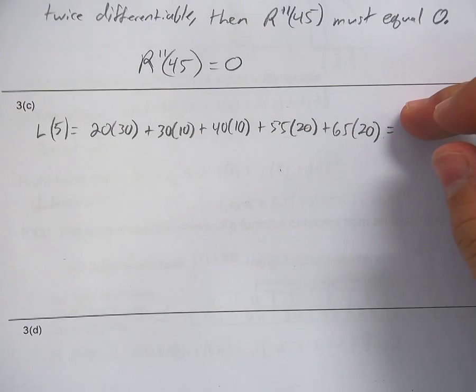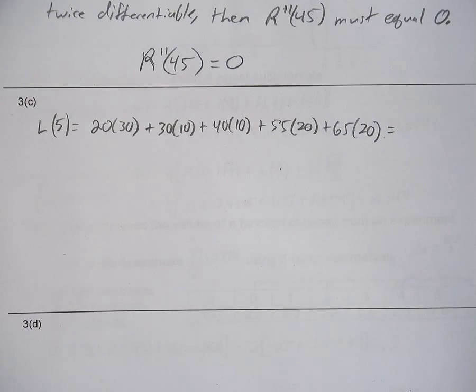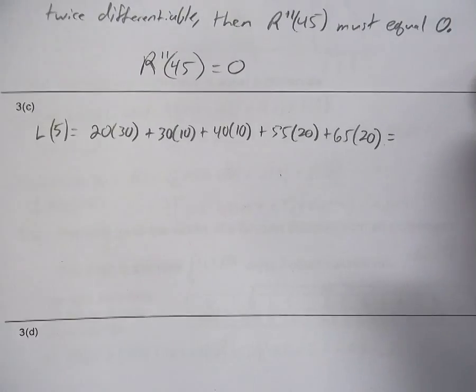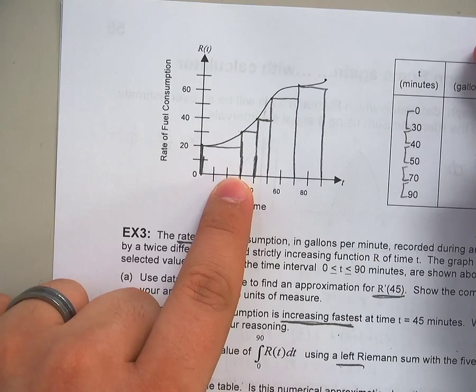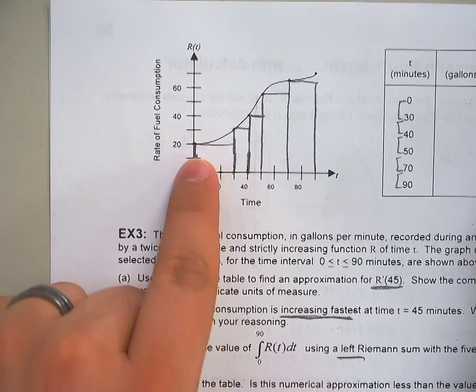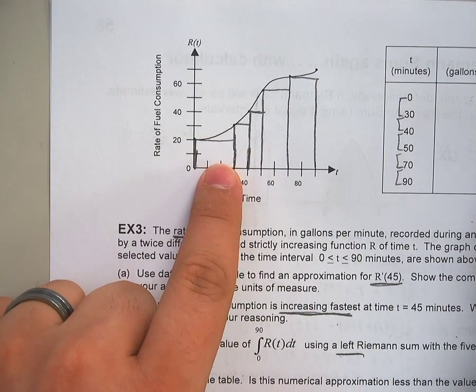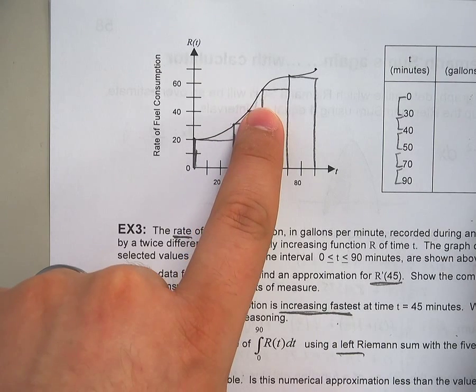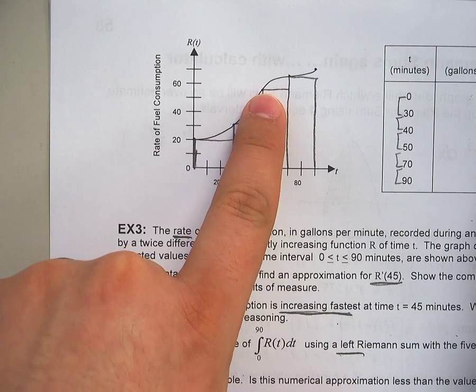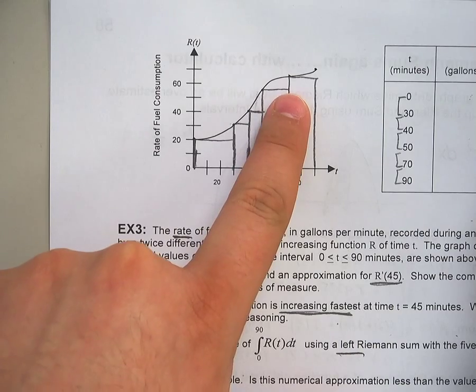Alright, so let me flip this over. If you want to pause that, pause it real quick, get those. Alright, so again, it's 20 by 30, 30 by 10, 40 by 10, 55 by 20.